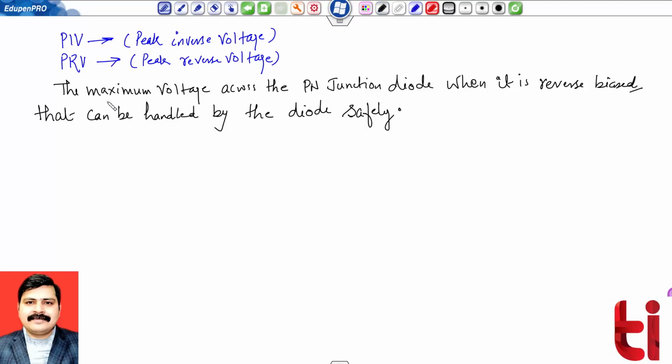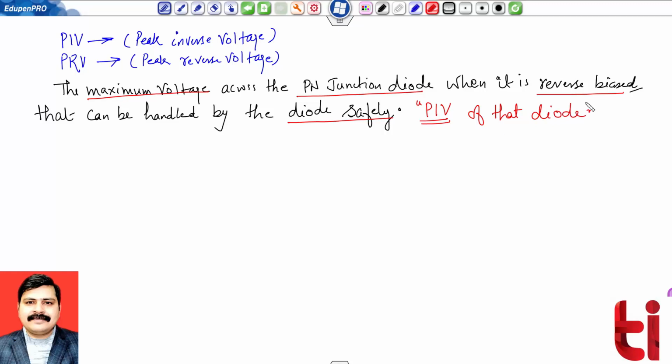The maximum voltage across the diode when it is in reverse bias, which ensures the safety or security of the diode, is known as PIV, or peak inverse voltage of that diode.